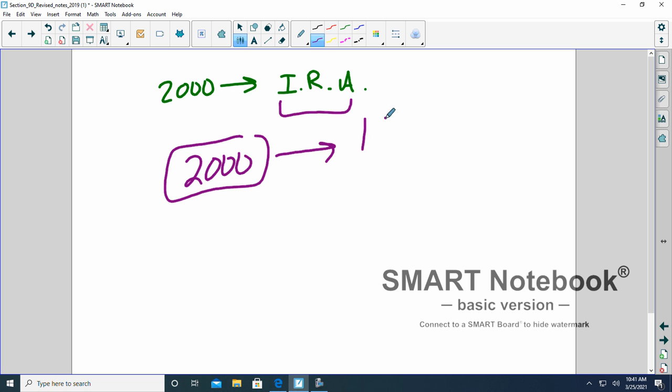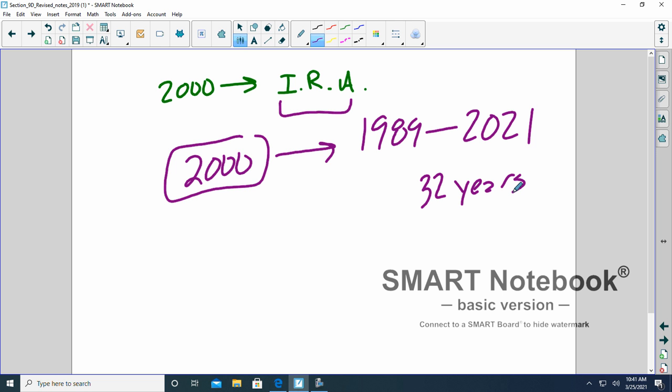from 1989 to 2021. How many years is this, my friends? 32 years? At a very, very modest, very, very conservative number, this money earned 5% interest.